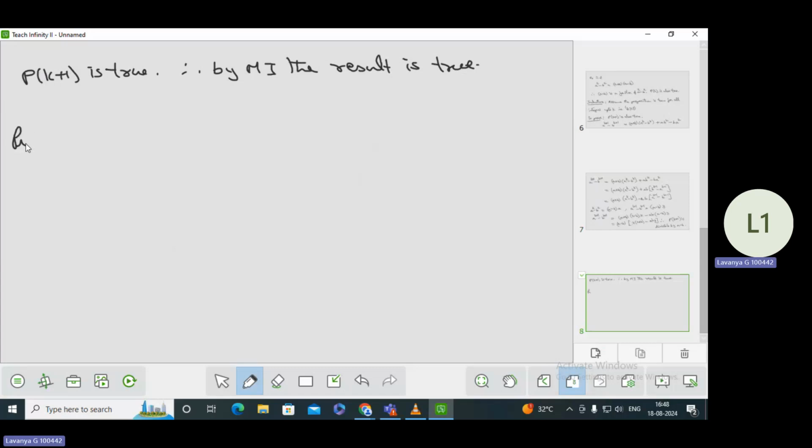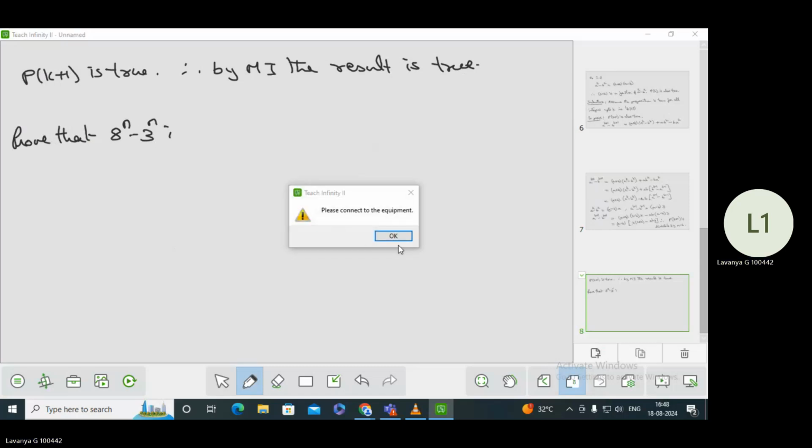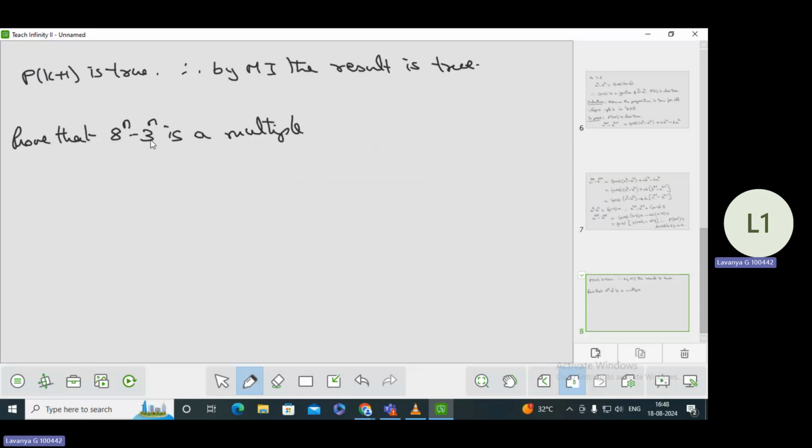Okay. So prove that 8^n - 3^n is a multiple of a - b. What is a - b? 8 - 3. So it is a multiple of 5 using our mathematical induction.